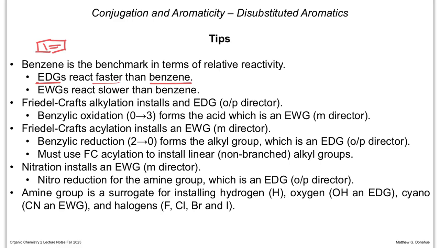And again, that's important when you have a molecule with more than one benzene ring. On what ring is the reaction going to occur first? So on the opposite end of the spectrum, the withdrawing groups react slower. So you might be able to take advantage of that.